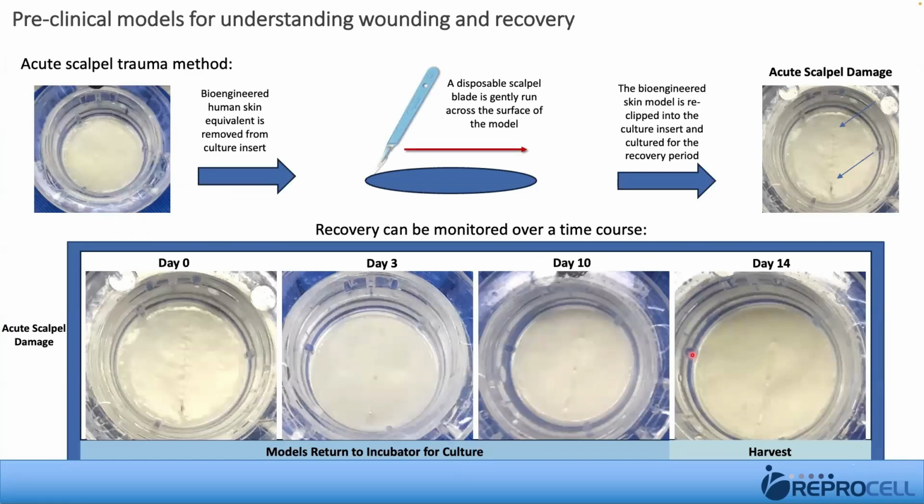Sometimes there's damage to the surface of the skin, so we're here showing an example of a superficial injury. This is a wound, and we can mimic this in various ways. This is actually using, in this case, a drag of a scalpel blade across the surface, and you can see the vertical line in these models. Because these are live models and we can maintain them, we can image them on a day-by-day basis.